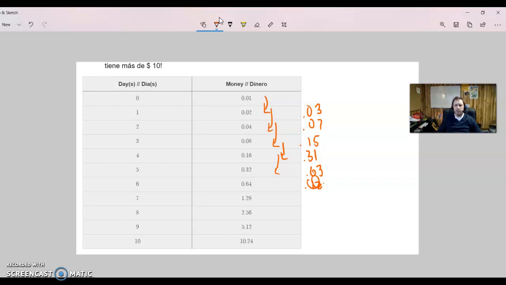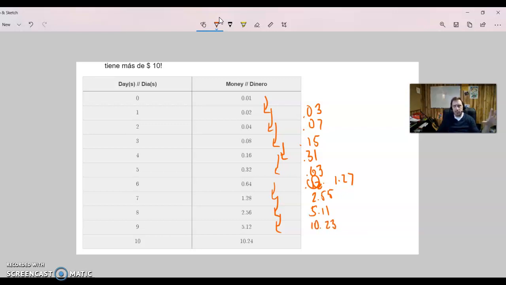So after 6 days, you now have $1.27. The 7th day, we add $1.28 to your total, and you have $2.55. The next day, we add $2.56, so now you have a total of $5.11. After 9 days, you now have $10.23.